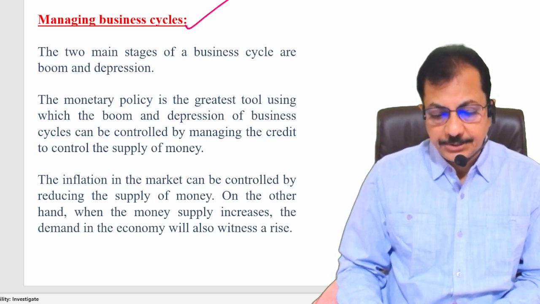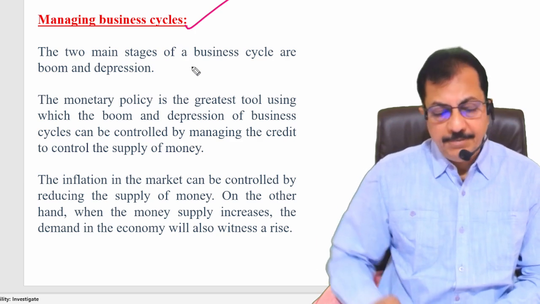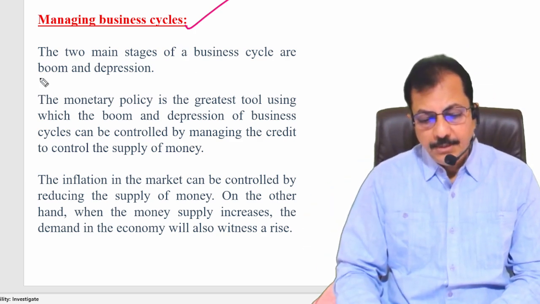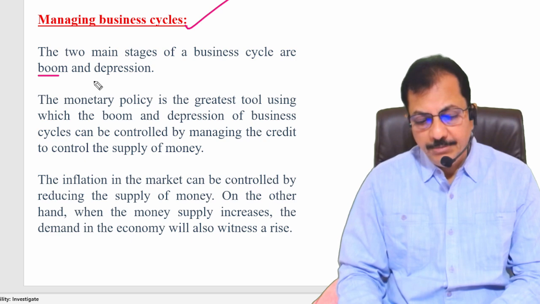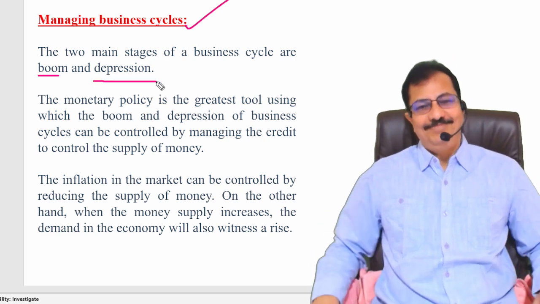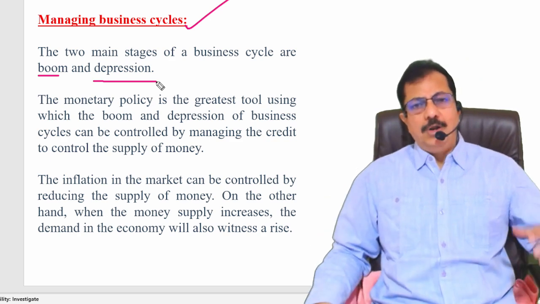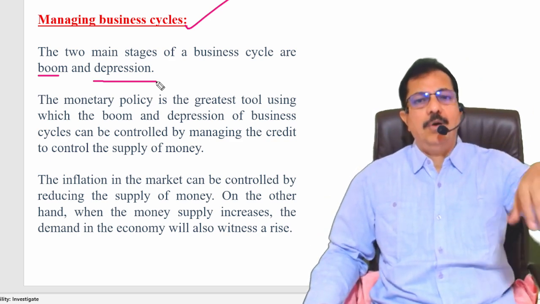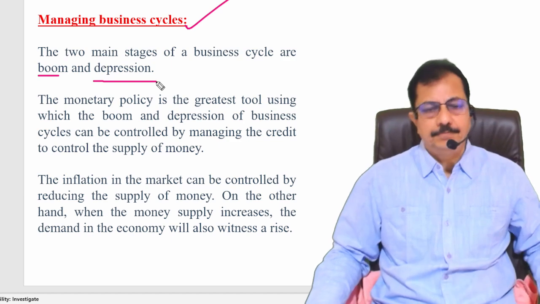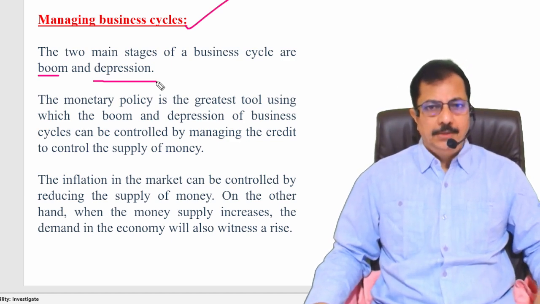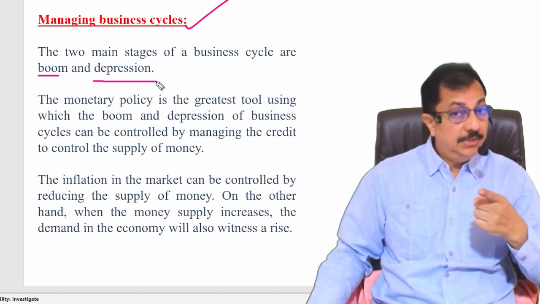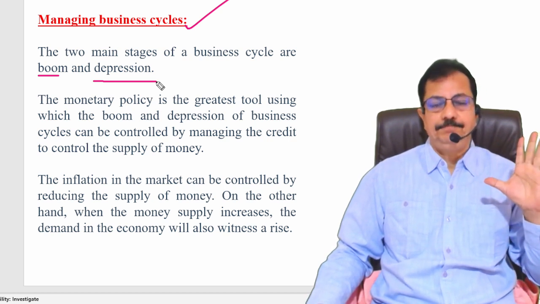Managing business cycles, right? So if you look at a business, there may be a boom, there may be a depression, right? So what do you mean by this? Economic boom, economic depression, right? So when there is a boom, you will see a lot of money in the market.